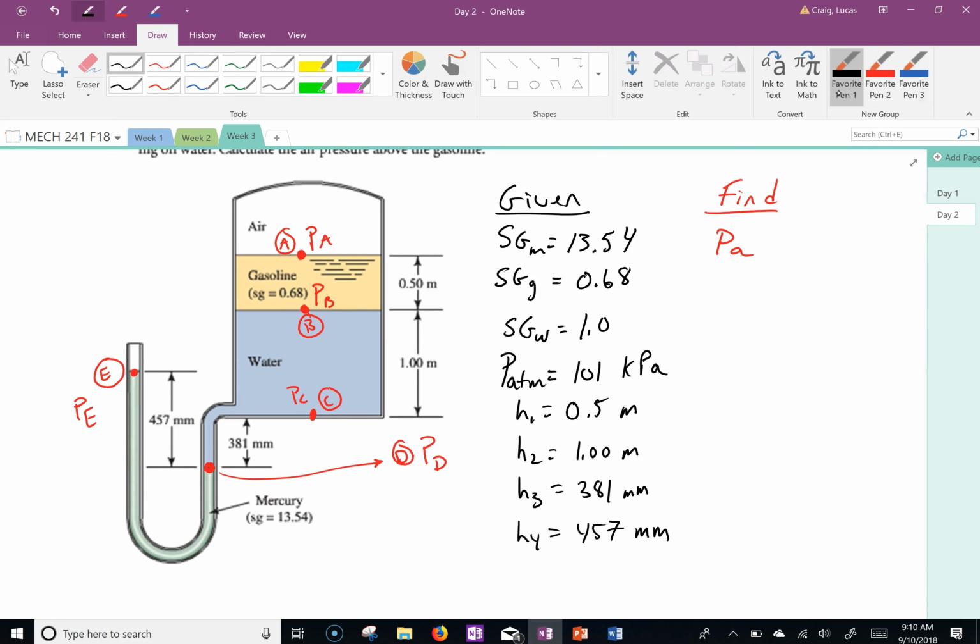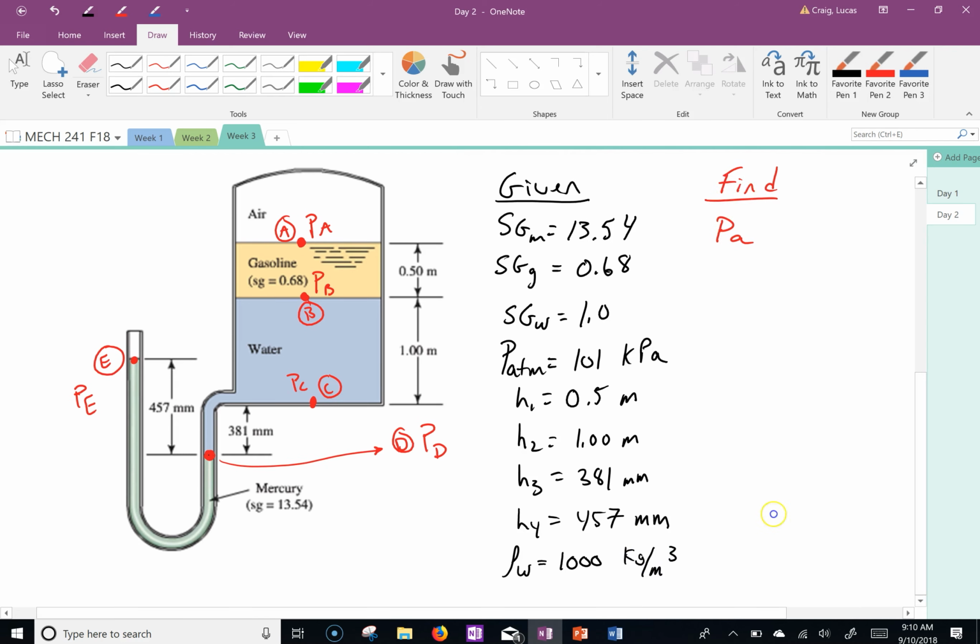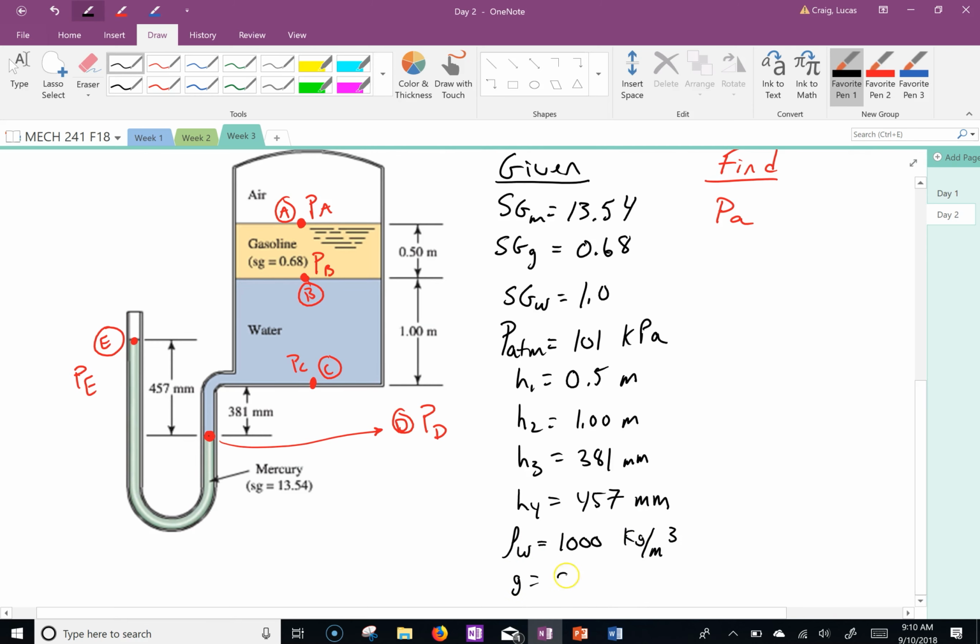Oh, why don't we throw in the density of water to be 1,000 kilograms per meter cubed, and G is 9.81 meters per second squared. Throw in some assumptions to help you start preparing.